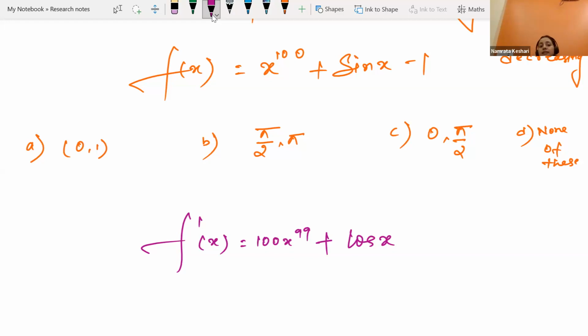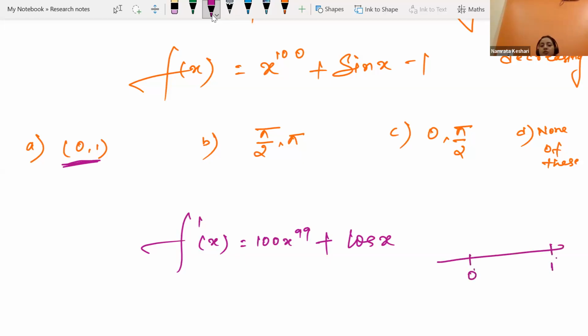Now, in this interval, we are checking 0 to 1. Now you think about it. If we try finding the critical point, it will not be possible, right? Yes, with power 99 and cos with the angle. So we will try analyzing by ourselves.